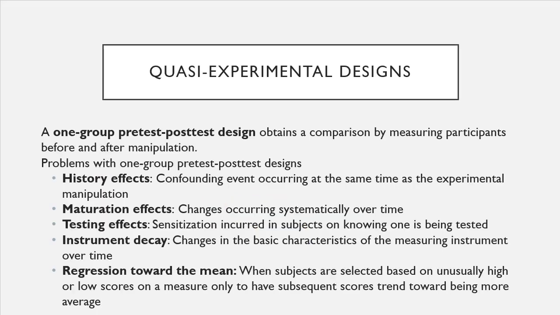So with the one group post-test only design, we don't have a pre-test, but there are cases where it's reasonable to have a pre-test. We call it a one group pre-test post-test design, where we're going to measure an outcome and then do an intervention and then measure the outcome again to see if there is a difference. An example of this might be a simple pre-test, post-test for a chapter of material.